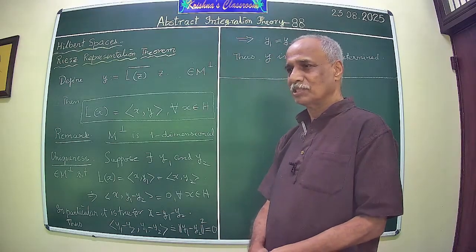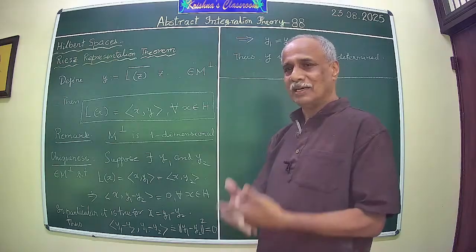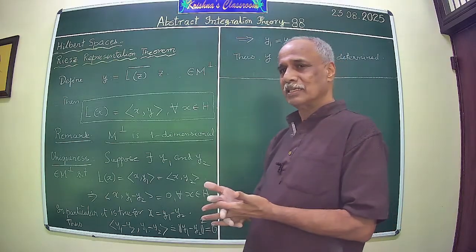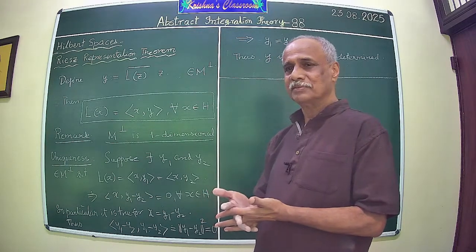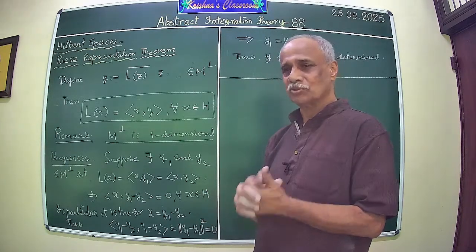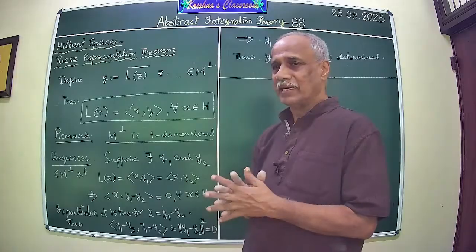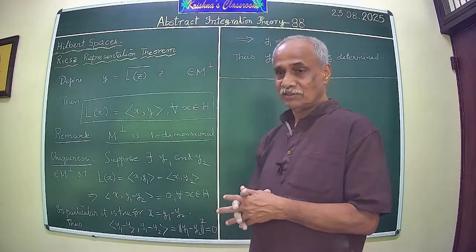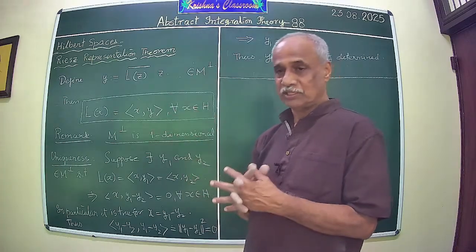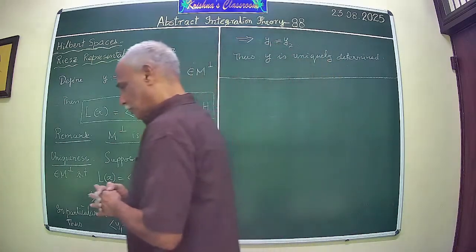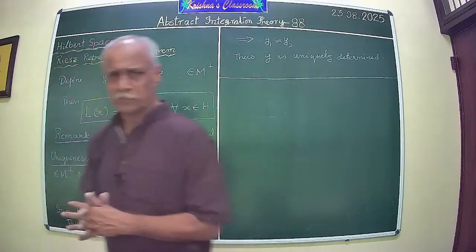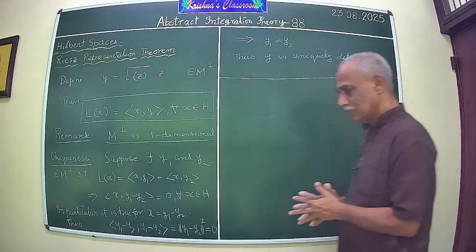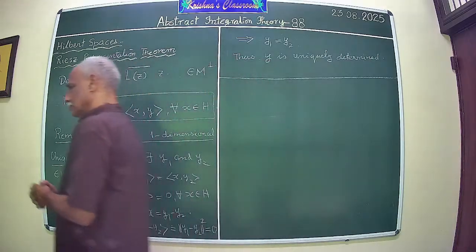Because in R2, all the non-trivial linear subspaces are lines, and in R3, I have taken R3 in this case so that it should not be too trivial. Like R2, it's easier to draw pictures in R3. And in R3, what are the subspaces that you have?